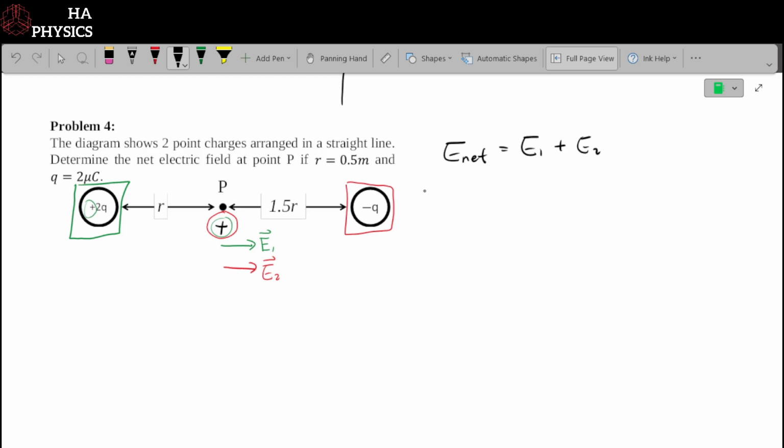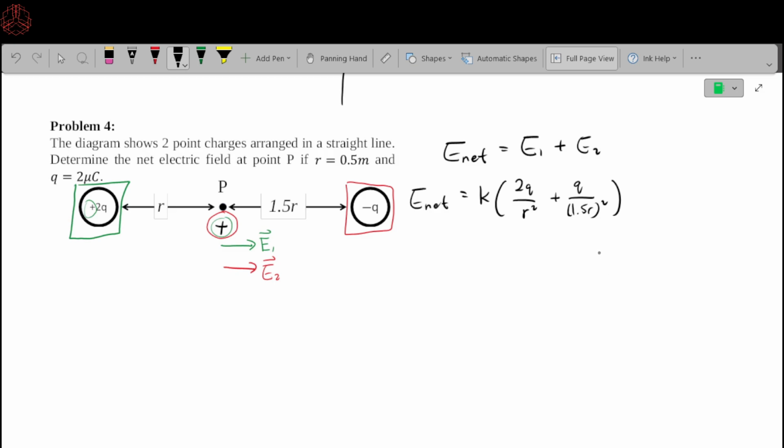Then my E net, I can quite simply substitute the values. I have K, and E1 is from 2Q, so it's going to be 2Q over R squared, plus Q over 1.5R squared.